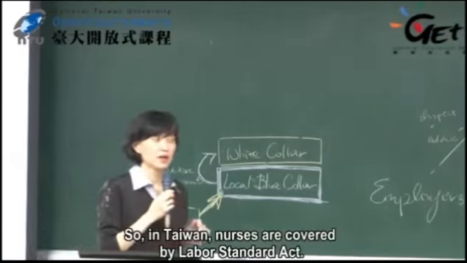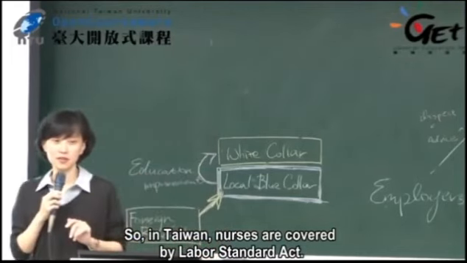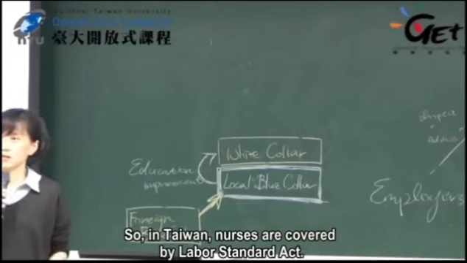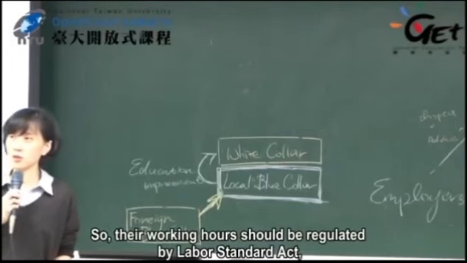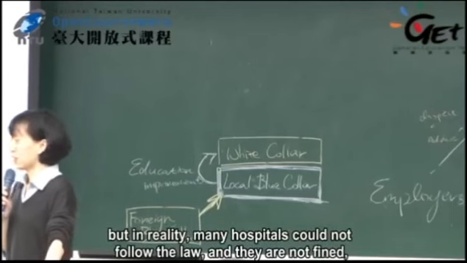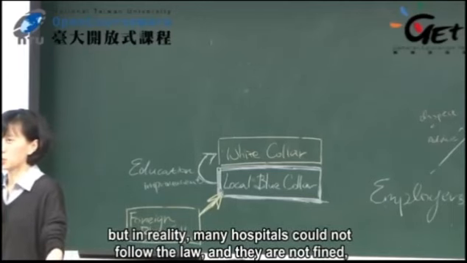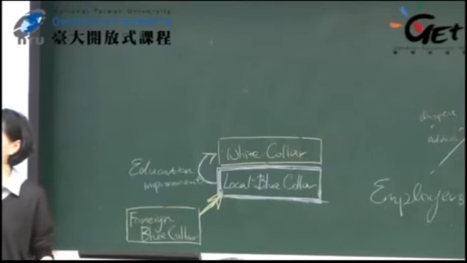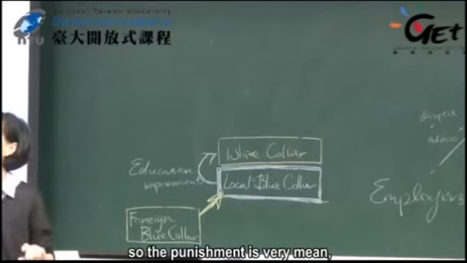Okay, so in Taiwan, nurses are covered by the Labor Standard Act. So their working hours should be regulated by the Labor Standard Act. But in reality, many hospitals do not follow the law, and they are not fined. So the punishment is very minimal.